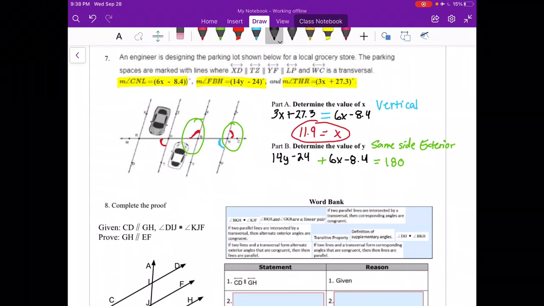However, we already know what x equals because we just solved for it in part A. So what we're going to do now is plug our x value, or substitute it, back into our equation.